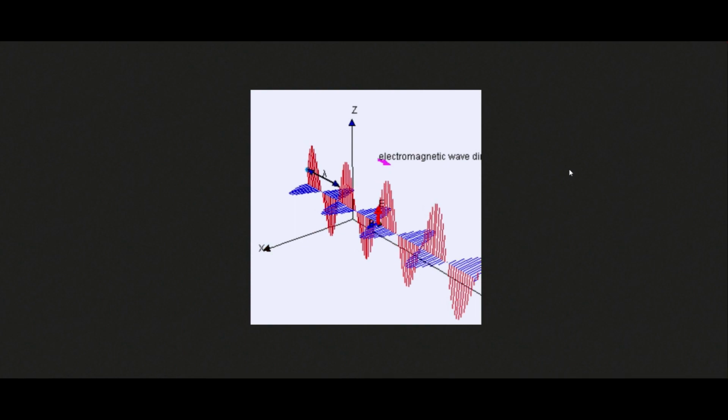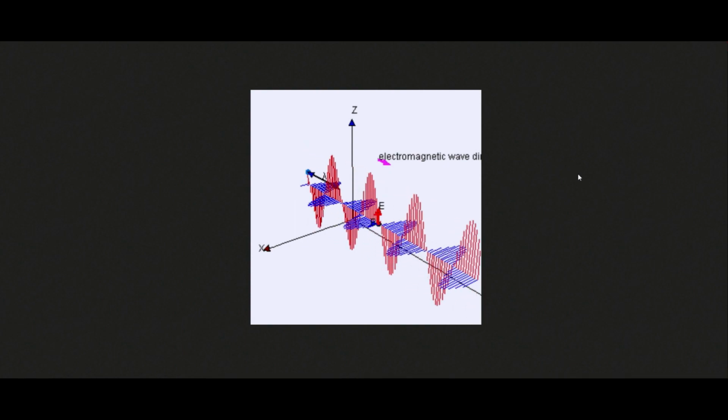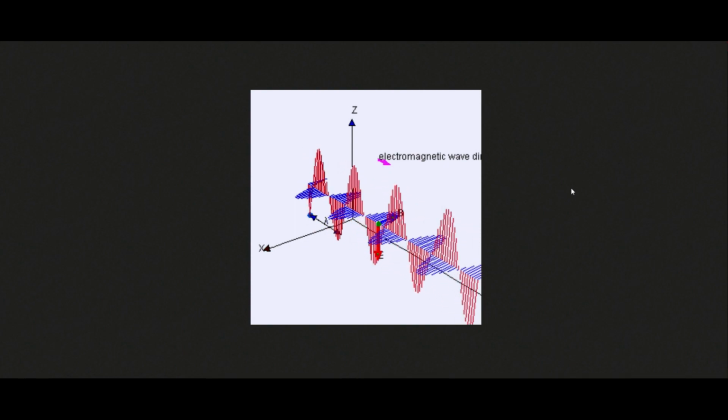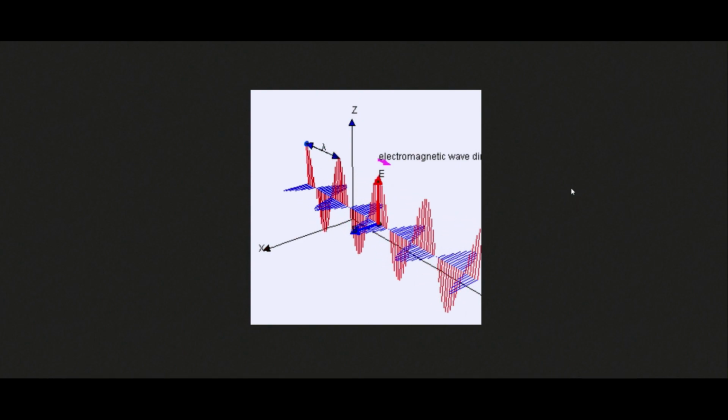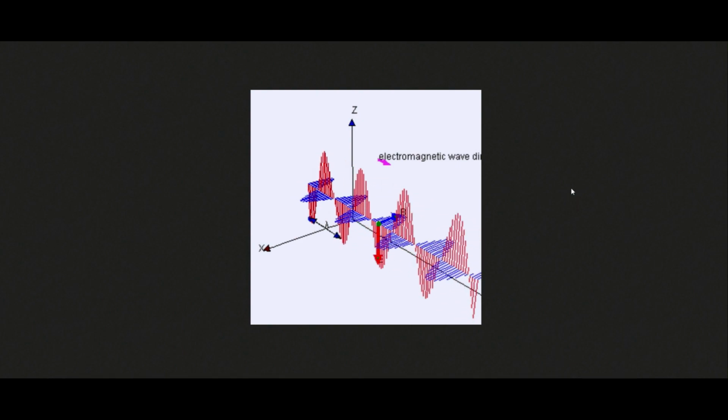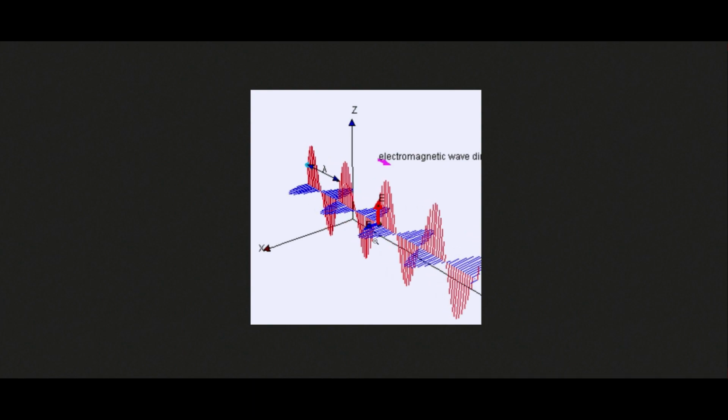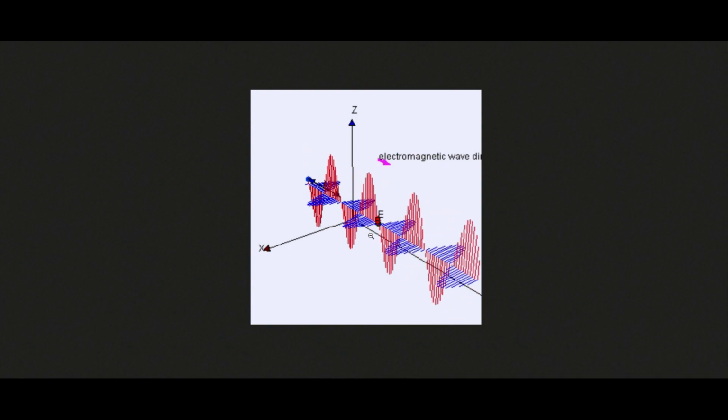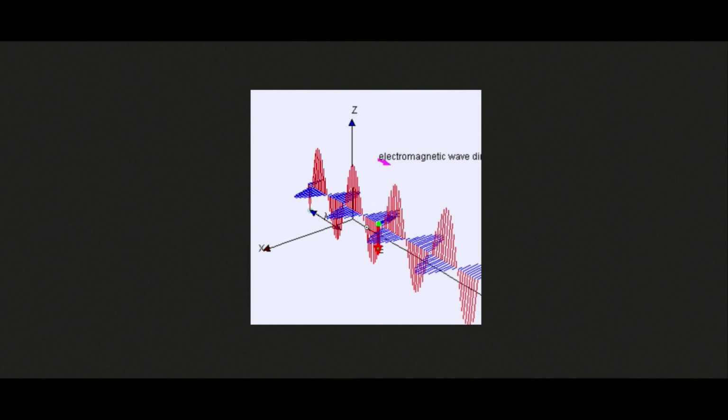This is just from Wikimedia Commons. We see we have our electric field in red and our magnetic field in blue. The electric field is oscillating up and down, and the magnetic field is oscillating in the transverse direction from that.